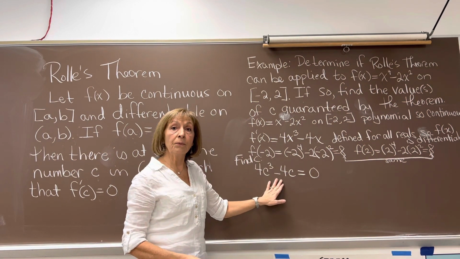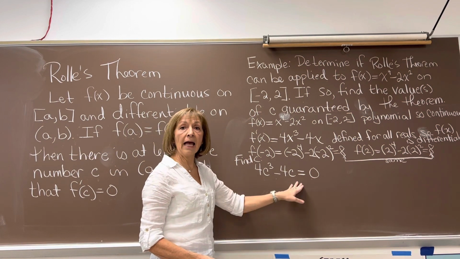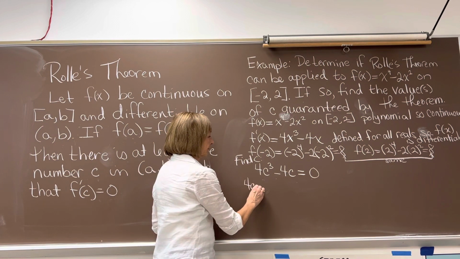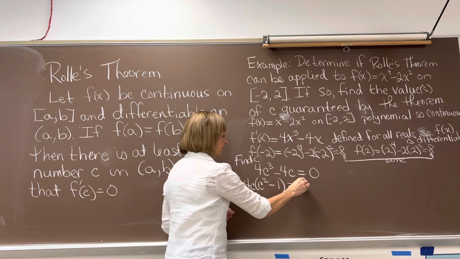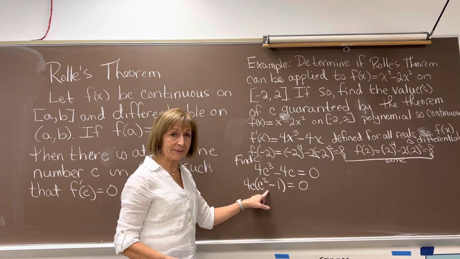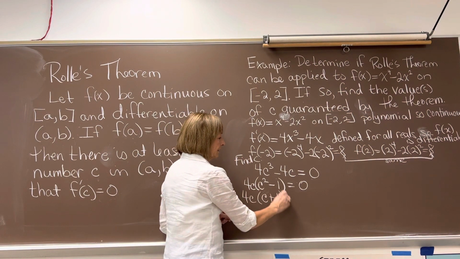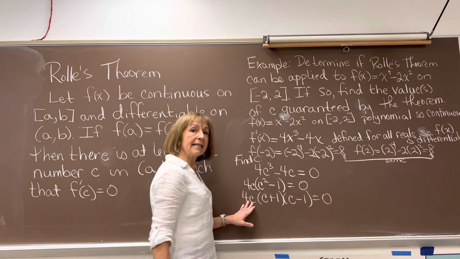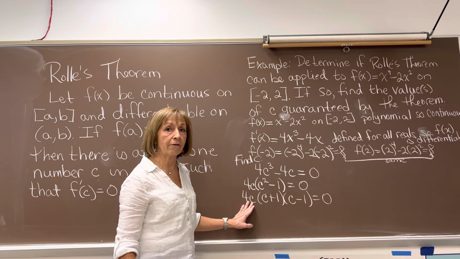Now this we can solve by factoring. It's equal to 0, so we look at a greatest common factor. We have a greatest common factor of 4c. Our c squared minus 1 can factor as c plus 1, c minus 1. So 4c times c plus 1, c minus 1 equals 0. Set each factor that has a variable in it equal to 0 and solve for c.